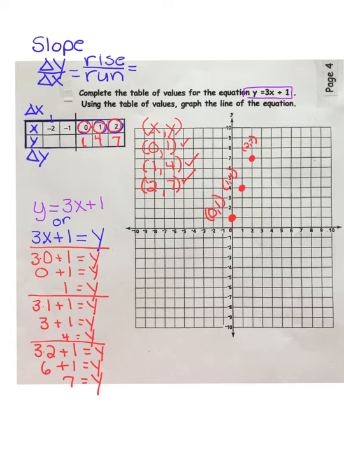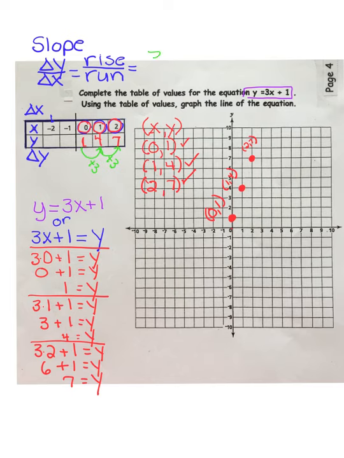Before we take a look at our rise and run, or our slope, let's go back to the table and look at our delta y and delta x. We can see changes occurring. Let's start with delta y. As you move from y coordinate to y coordinate, you can see each and every time we're increasing by 3.